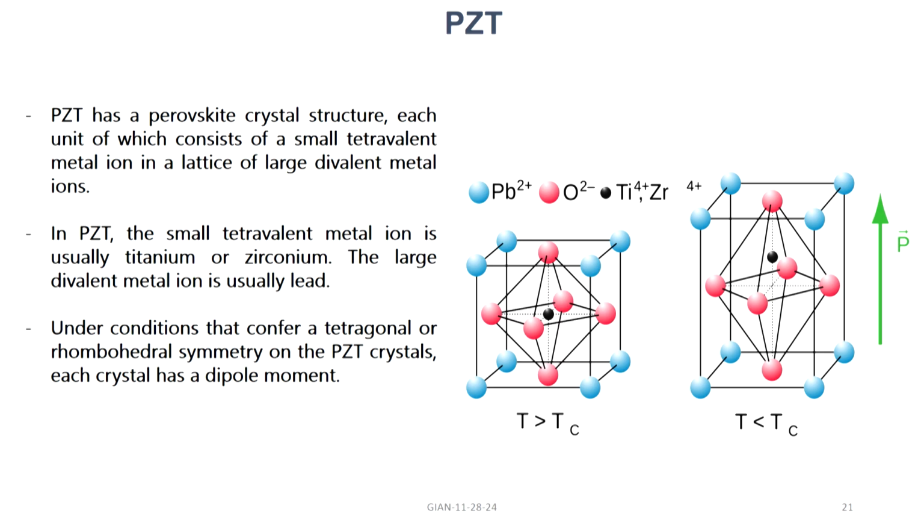So, the centers of positive and negative charges overlap. The negative charge here is oxygen, the positive charge is either titanium or zirconium. So, when there is no separation between the centers of positive and negative charges, the polarization is 0.